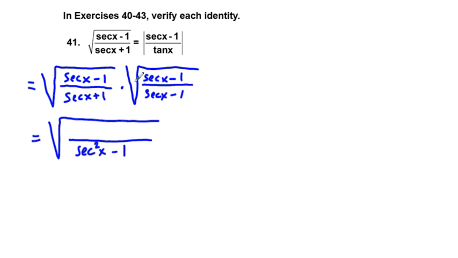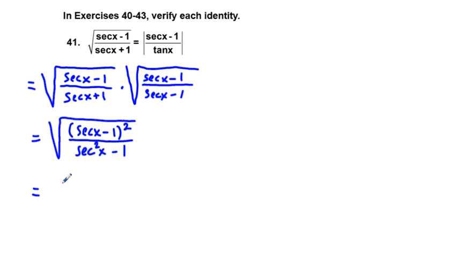And in the numerator, we're going to have secant x minus 1, and that's going to be quantity squared, because we're just multiplying the same thing by itself in the numerator.